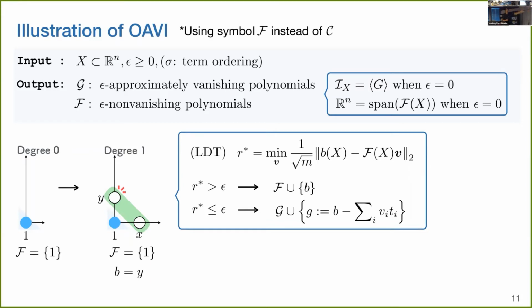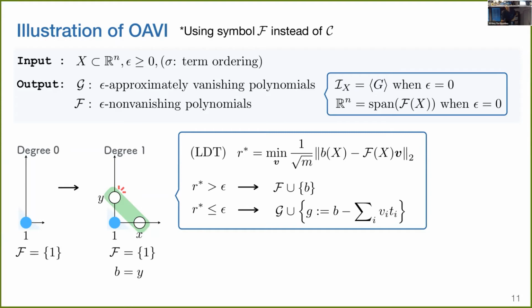If R star is greater than epsilon, it means we couldn't find a good approximately vanishing polynomial. So we append this B, in this case Y, into the set F. Otherwise, it means we can find a nice approximately vanishing polynomial, so we append this polynomial into the set G.